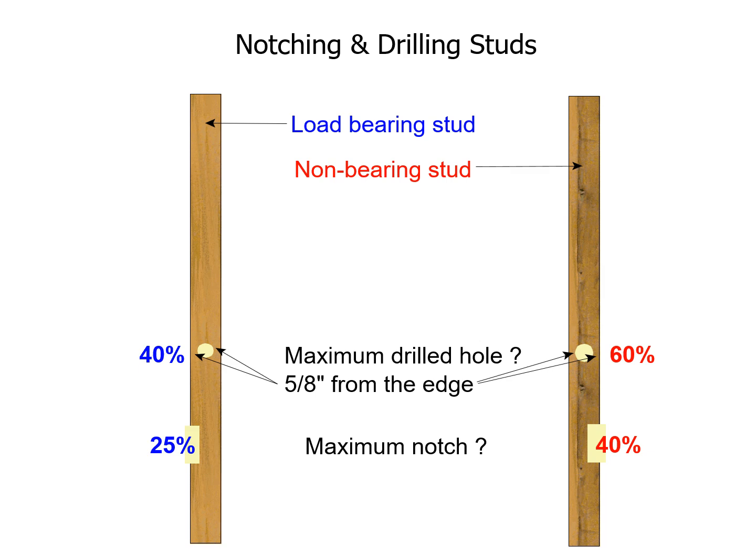And when you're notching, go ahead and notch up to 40% of that non-bearing stud. But if it's a bearing stud, you can only notch up to 25% of the stud out. Okay, so those are things we need to remember as we're framing and building our buildings.